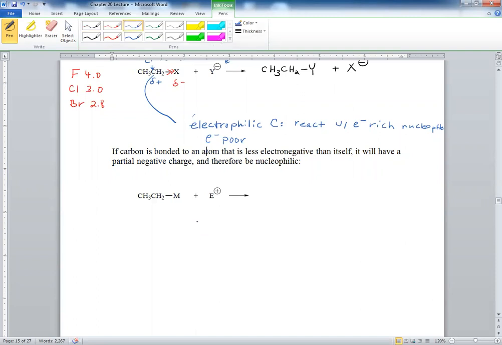Imagine you have M, it's a metal. Metals tend to have lower electronegativities, if you remember from Gen Chem. Of course, carbon still has a 2.5 electronegativity, but the metal is actually less than 2.5. Look how the partial charges are reversed. You're going to have delta minus on carbon, but delta plus on M.